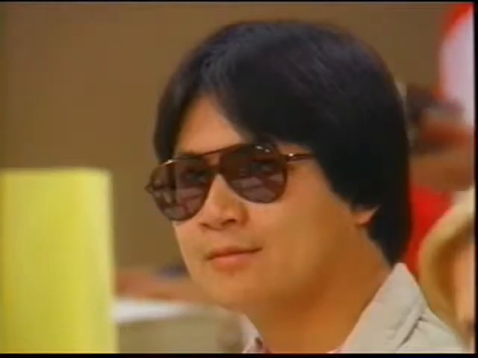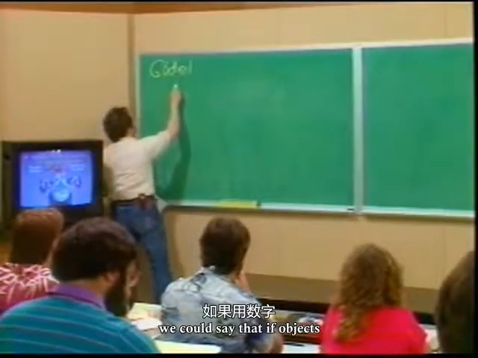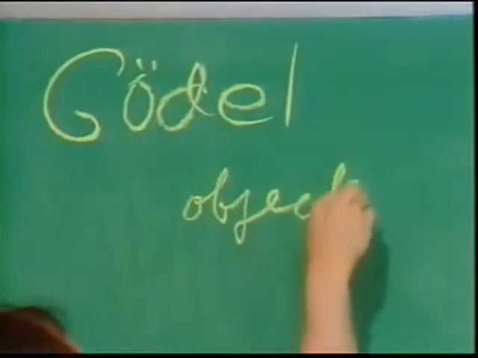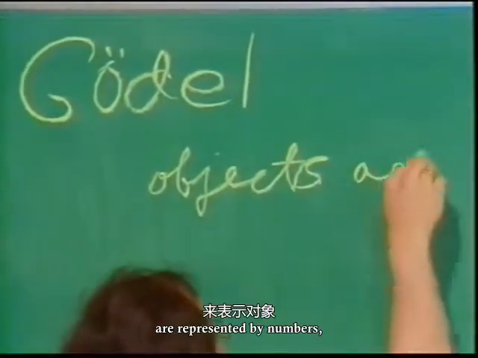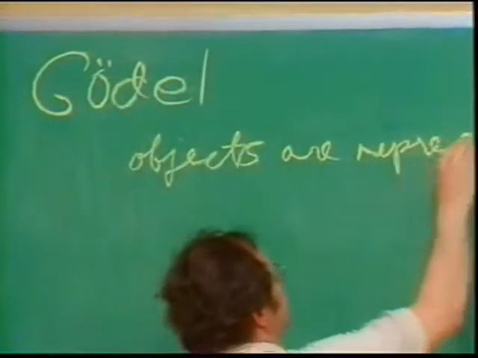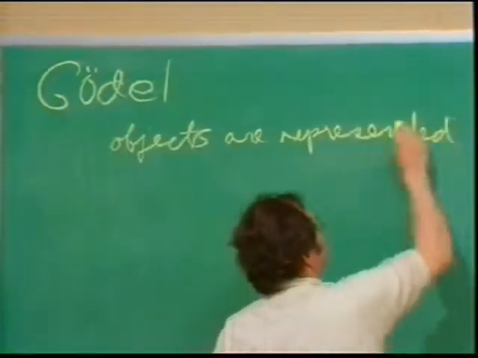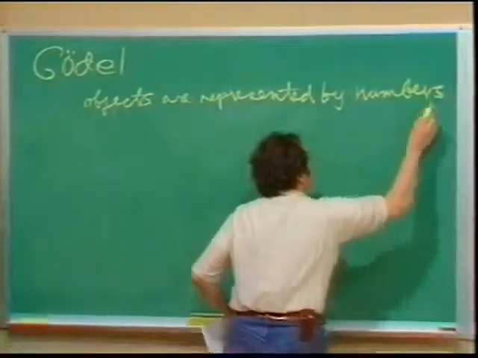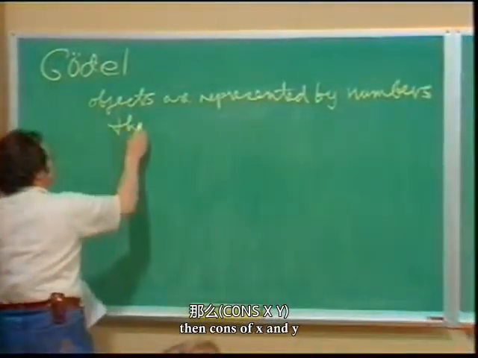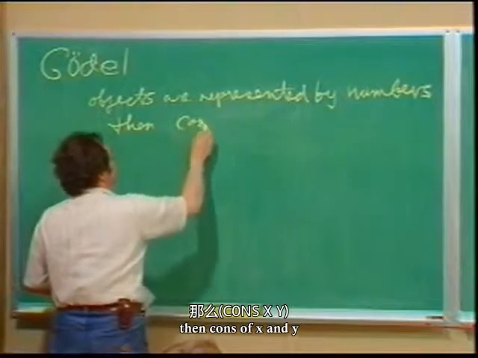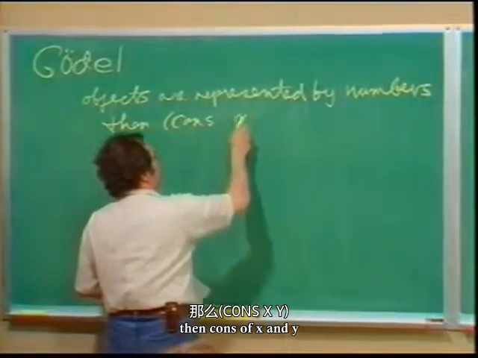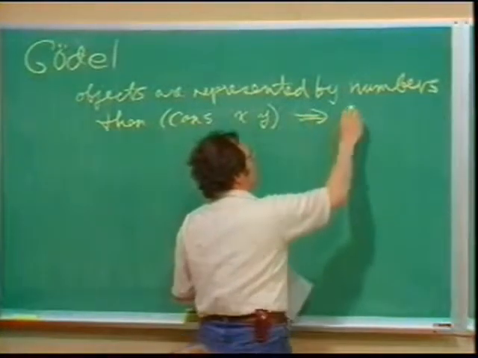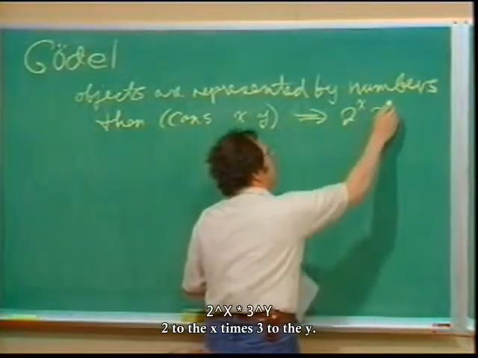So, for example, what we were doing in our world, we could say that if objects are represented by numbers, then cons of x and y could be represented by 2 to the x times 3 to the y.